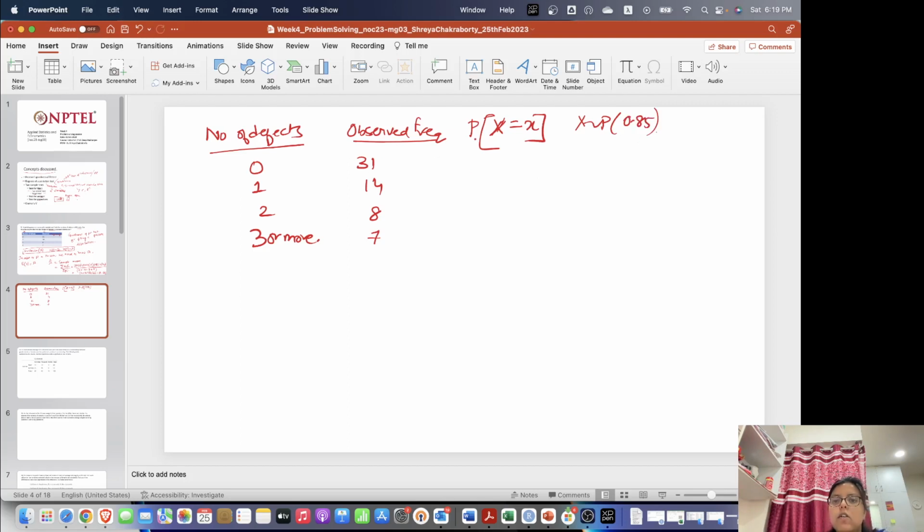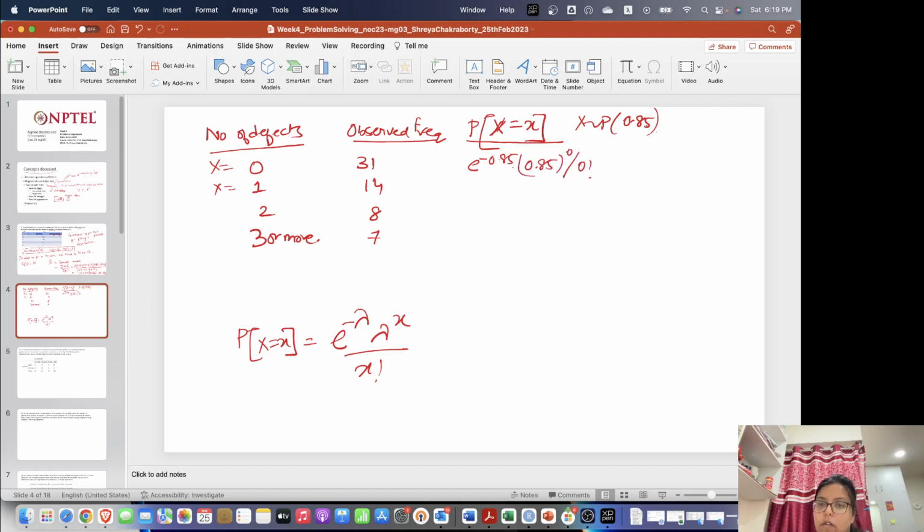If we remember, the PMF of a Poisson distribution was e to the power minus lambda times lambda to the power x by x factorial. So for x equal to 0, we'll put e to the power minus 0.85 into 0.85 to the power 0 divided by 0 factorial.